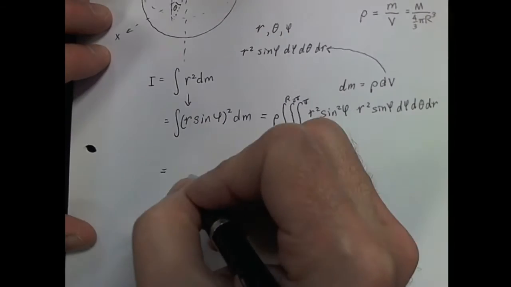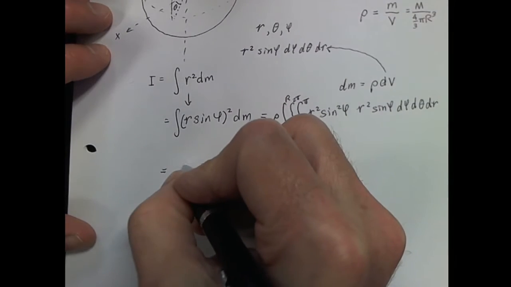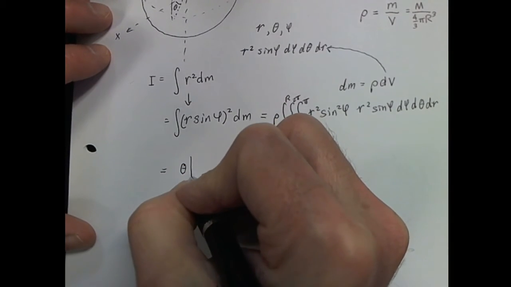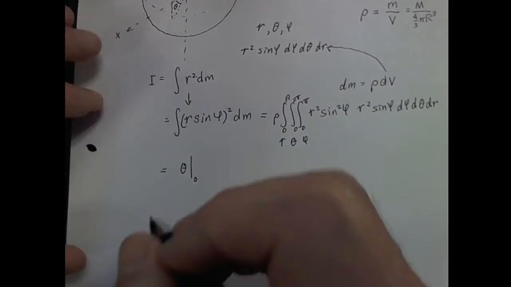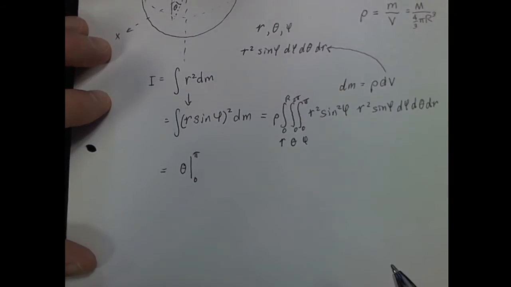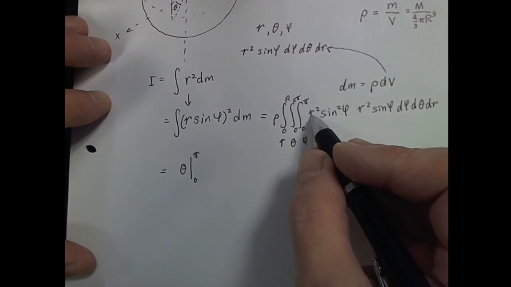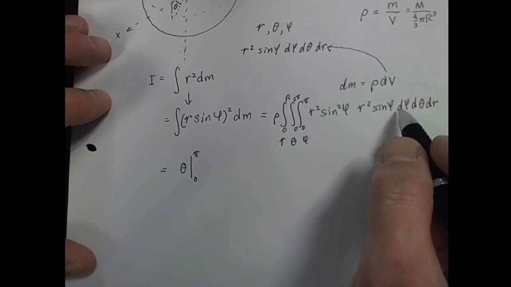We get theta evaluated from 0 to 2 pi. Let's go ahead and do little r while we're here. r squared times r squared dr, that's r to the fourth.